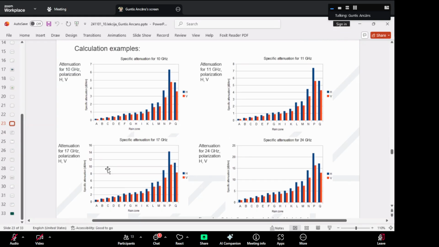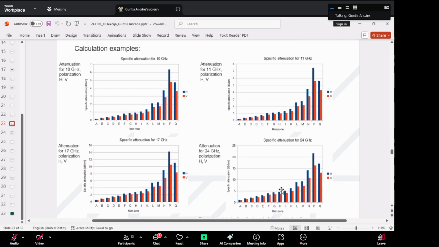The difference between horizontal and vertical polarization is some 0 something per kilometer, so differences, but not so big.